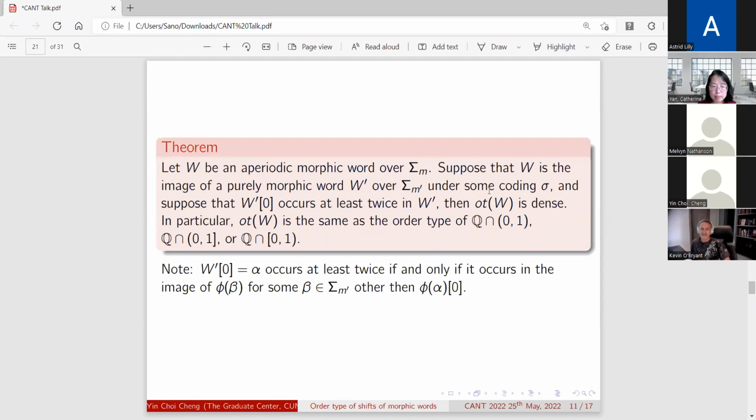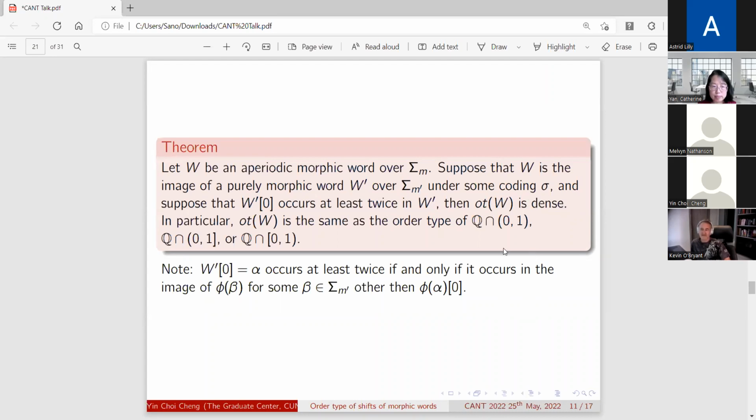In particular, suppose that W is morphic and aperiodic, and it is the image of a purely morphic word W prime over sigma sub M prime under some coding sigma. And more importantly, suppose that the starting letter of W prime occurs at least twice in W prime. Then we can conclude that the order type of shifts of W must be dense.